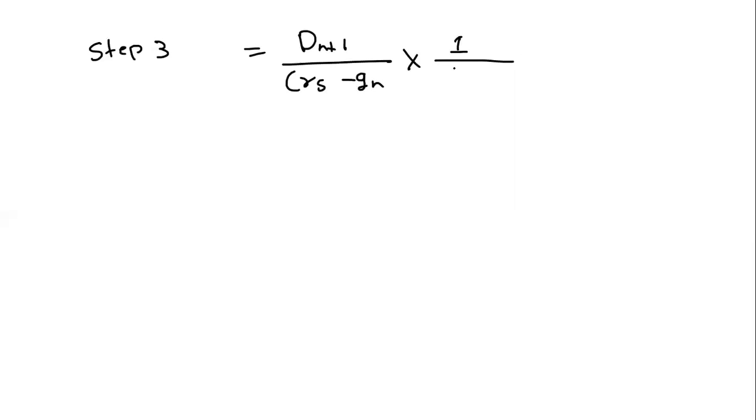Step 3: D(N+1) divided by (Rs minus gn), into 1 divided by (1 plus Rs) to the power N, that is 5.